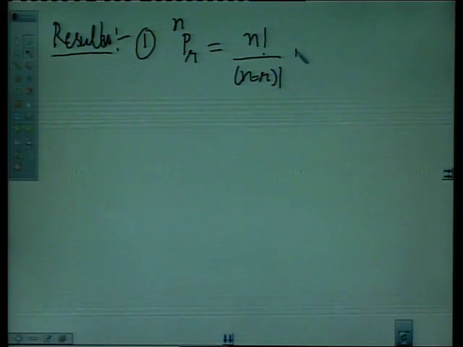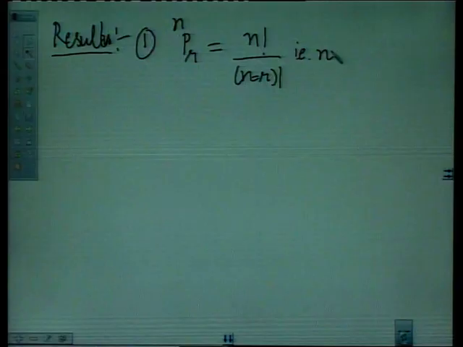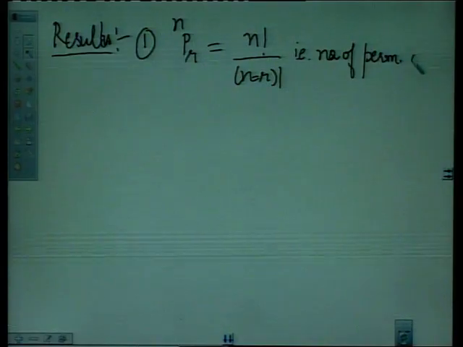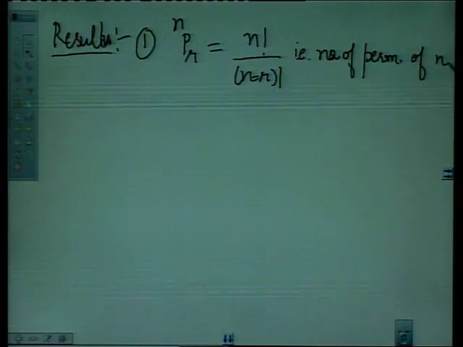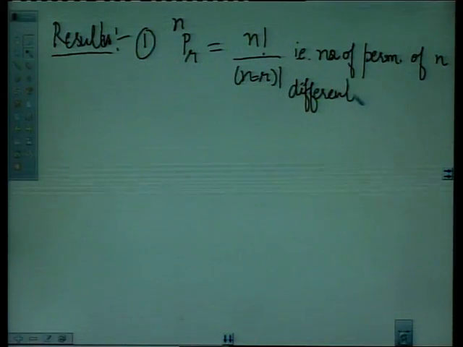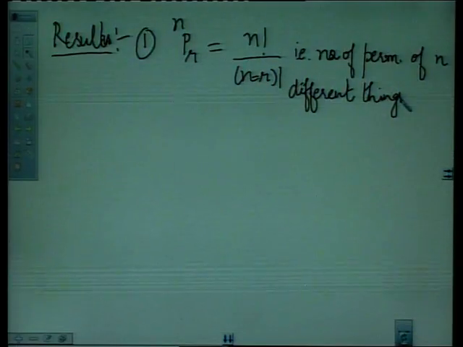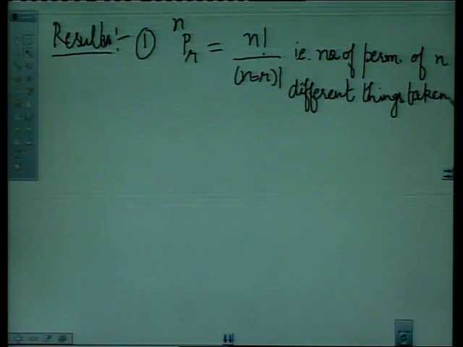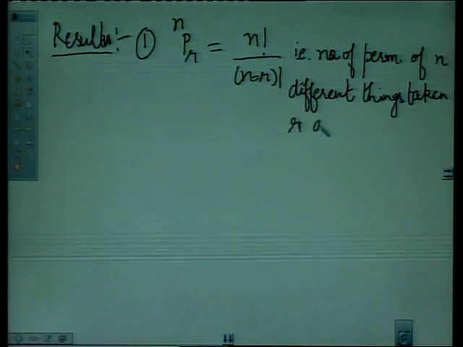What does it mean? It is the number of permutations of n different things taken r at a time.